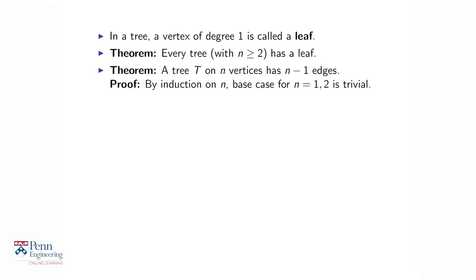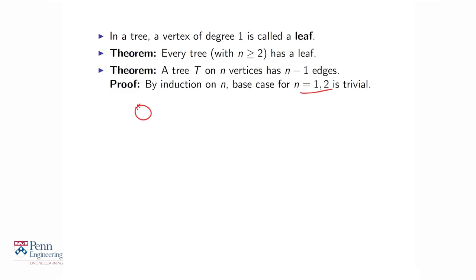Another theorem, which is a little bit trickier to prove, is that a tree on n vertices has exactly n minus 1 edges. We prove this by induction on n, the number of vertices. The base cases are n equals 1 and 2, and these are pretty trivial. If n equals 1, the tree consists of just a single vertex and no edges, so the number of edges is 0.